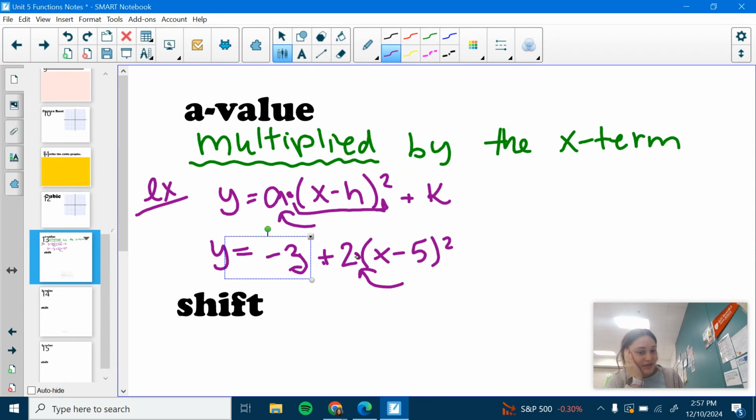It is not always the first thing. It's whatever is being multiplied by my x term. So this 2 here, not the exponent 2. Remember, this exponent 2 is just part of the equation saying it's squared. Okay, so we want to make sure we don't pull that in, but our a is what's being multiplied out in front.